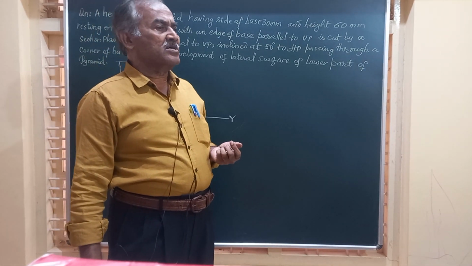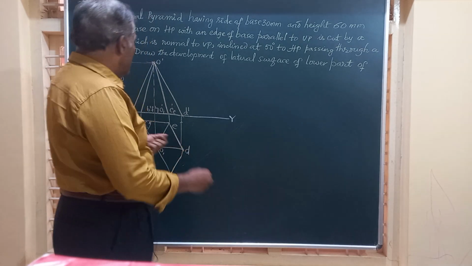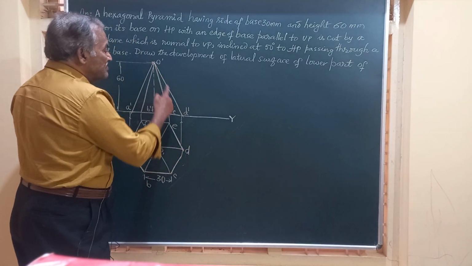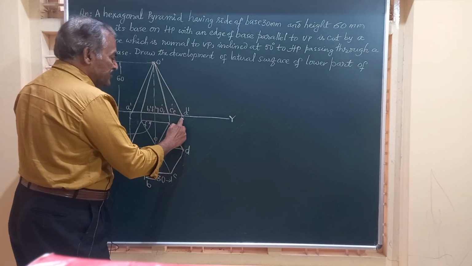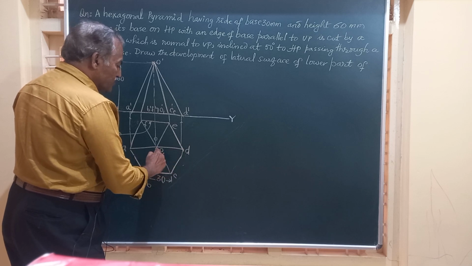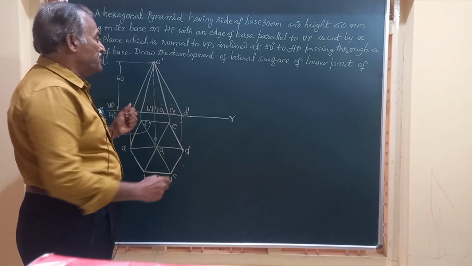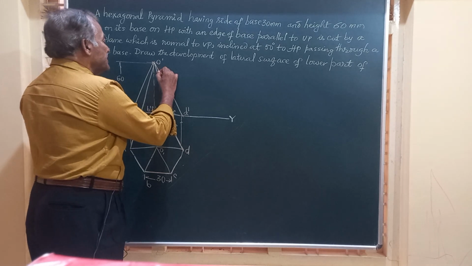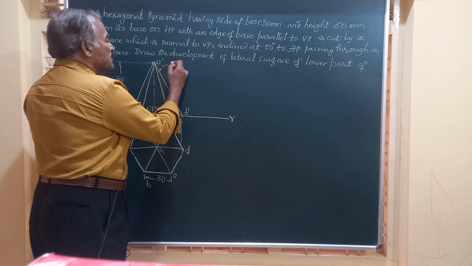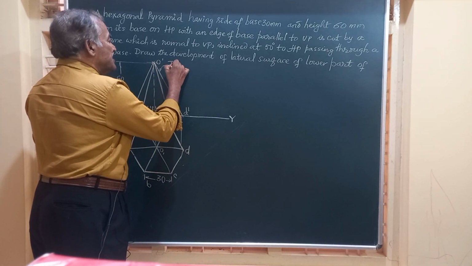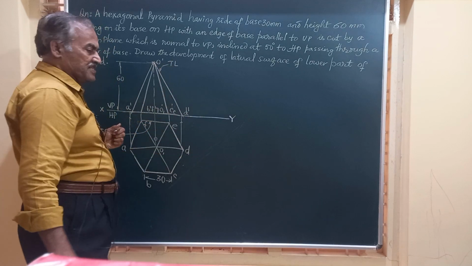And friends, here the top view of this slant edge O dash D dash is OD. Since OD is parallel to VP, O dash D dash represents the true length of all the slant edges. This is the TL. TL means true length.